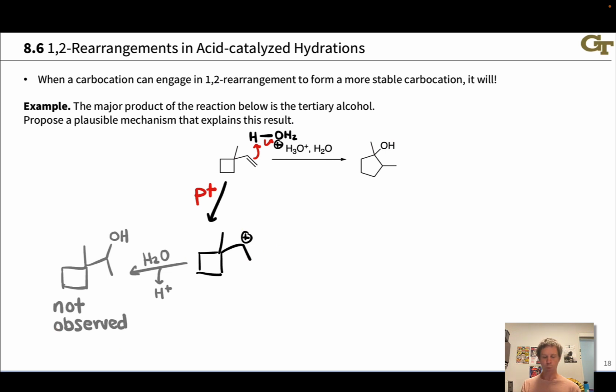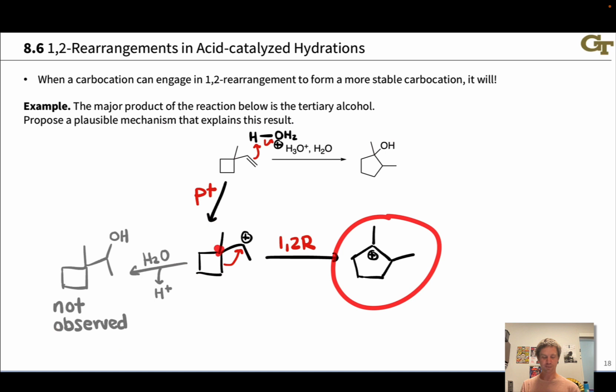And this comes from a 1,2 rearrangement of this cation from secondary to tertiary with ring expansion. We can open this 4-membered ring to a 5-membered ring by migrating one of the carbon-carbon bonds in the ring like so. So this 1,2 rearrangement leads to this carbocation.